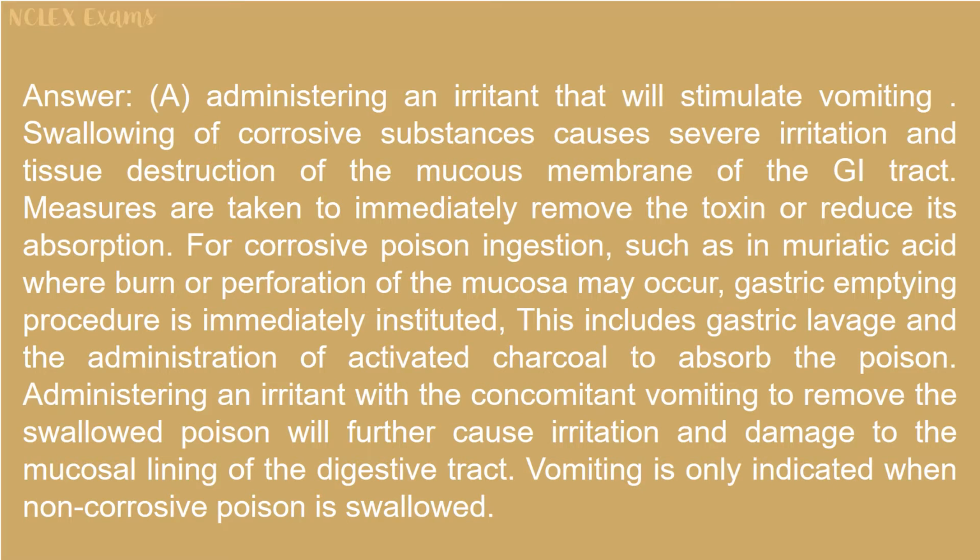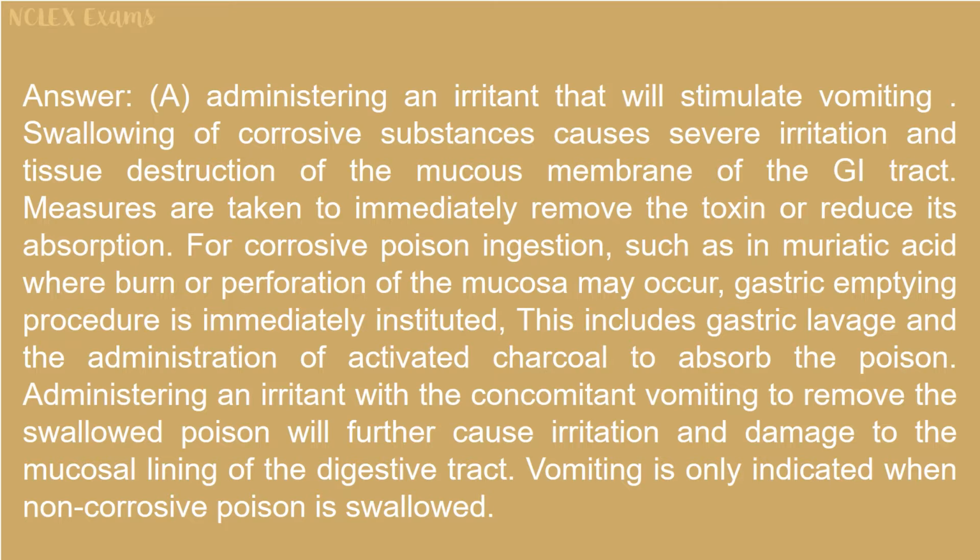Answer: administering an irritant that will stimulate vomiting. Swallowing of corrosive substances causes severe irritation and tissue destruction of the mucous membrane of the GI tract. Measures are taken to immediately remove the toxin or reduce its absorption. In corrosive poison ingestion, such as muriatic acid, where burn or perforation of the mucosa may occur, gastric emptying procedure is immediately instituted.